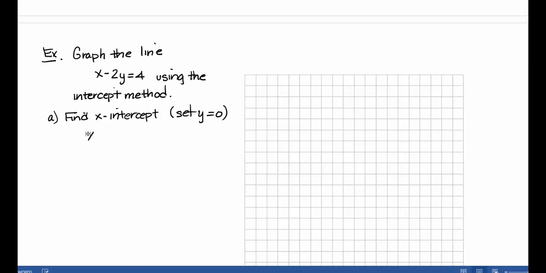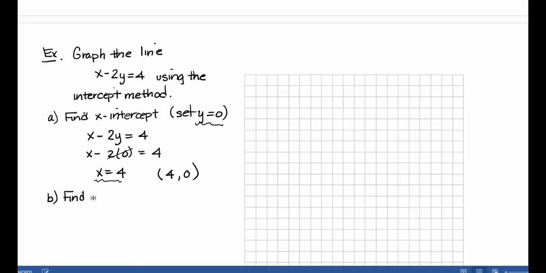All right, so here's my original line, x minus 2y equals 4. So if I set y equals 0, I get x minus 2 times 0 equals 4. This goes away, so my x equals 4. So here, my x equals 4, my y equals 0, so my point is (4, 0). And remember, it's the point at which it's going to be on the x-axis, right? So there's one point. The next thing I'm going to do is find my y-intercept.